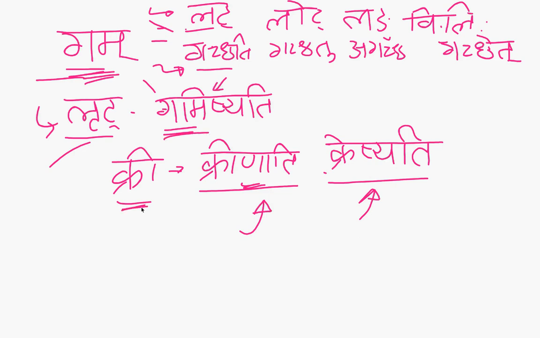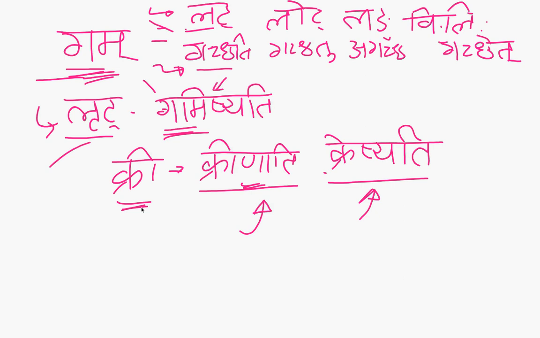And here kri also, in the four lakaras, if there is any change to the dhatu itself, it undergoes that change. In this case, it does not. Kri remains as kri, but the vikarana pratyaya comes into picture because of these four. If you are using it in the four lakaras, lat, lot, lang, vidhiling, then it becomes krinati.